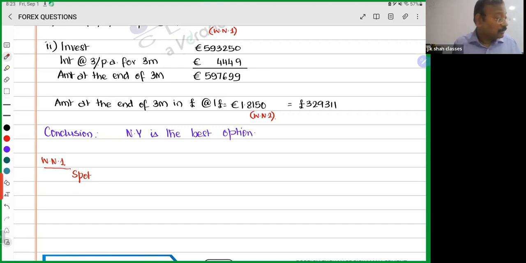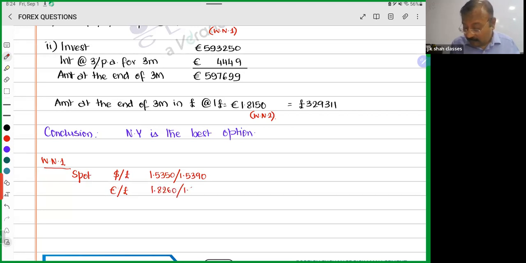Pound, sorry, dollar pound: 1.5350, 1.5390, and spot euro pound: 1.8260, 1.8290.